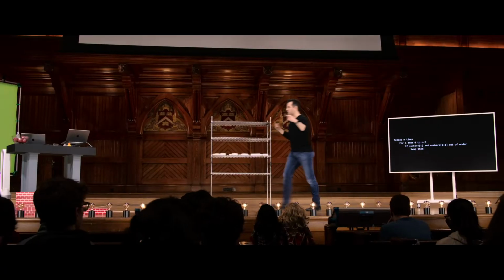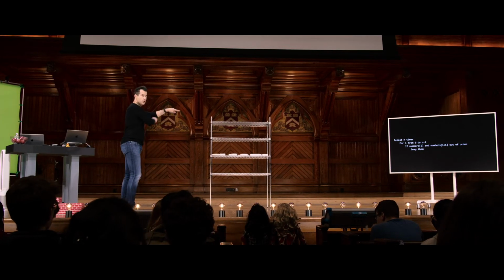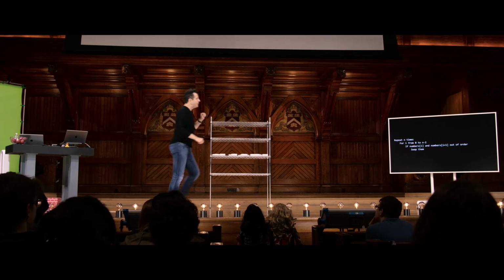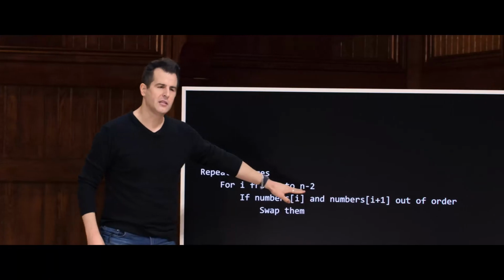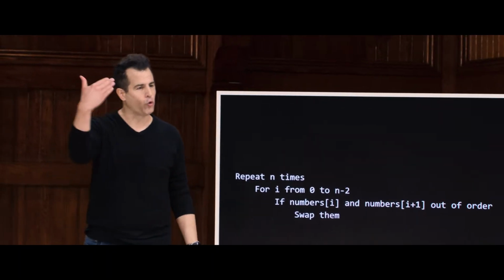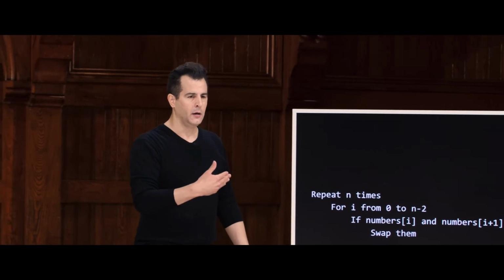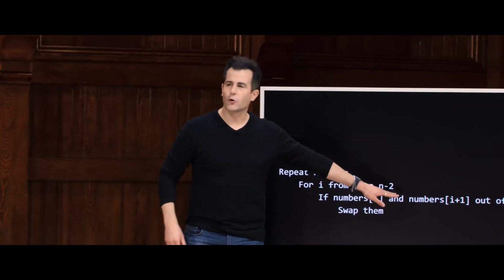So that was when I was pointing at our first two volunteers here. I saw that they were out of order, so I swapped them. How come I'm doing that again and again up to n minus 2, though, instead of n minus 1, which we've always used up until now as our rightmost boundary? Any intuition for why I'm doing this from 0 to n minus 2?